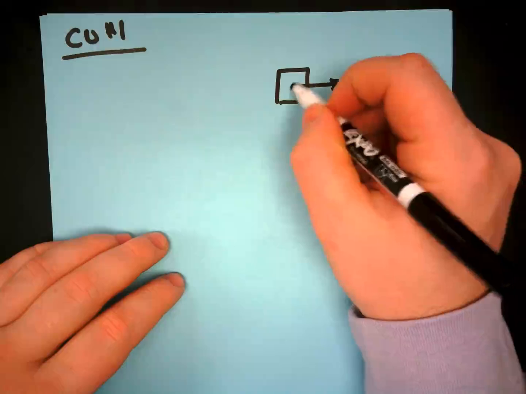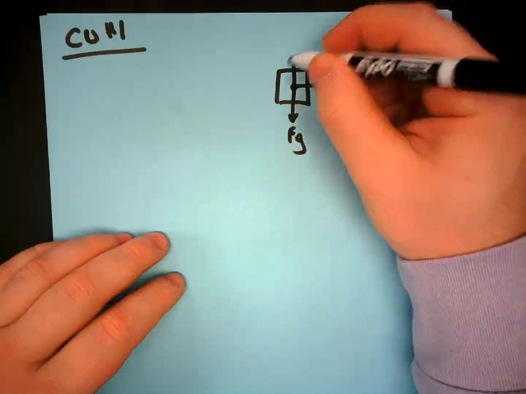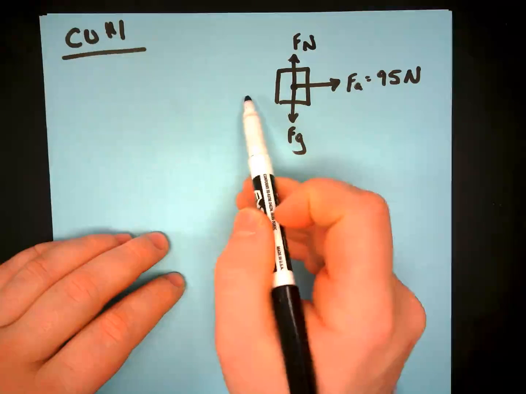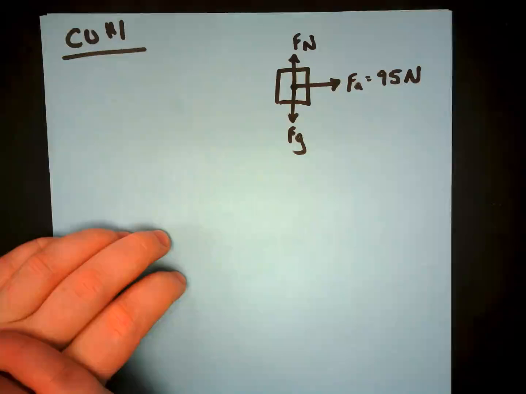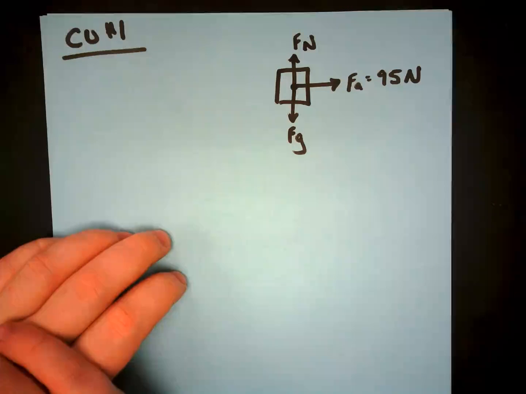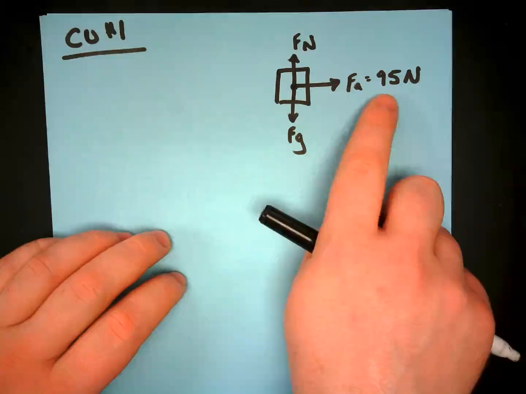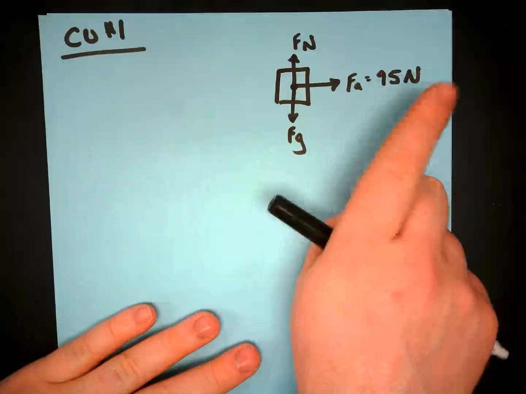We know there's some gravitational force, a normal force, and probably a friction force, but they don't explicitly mention it, so we're going to ignore it.